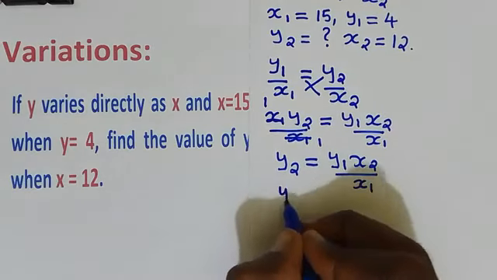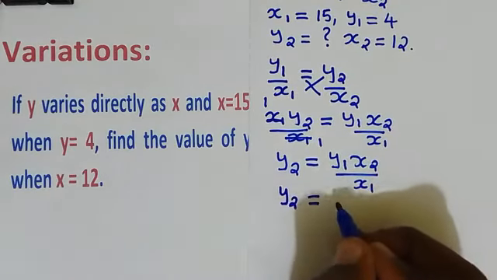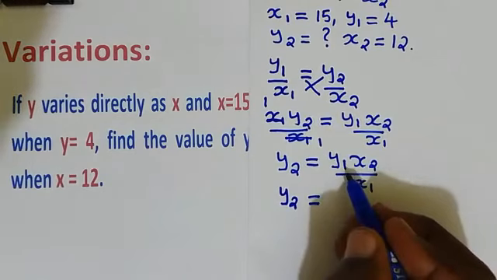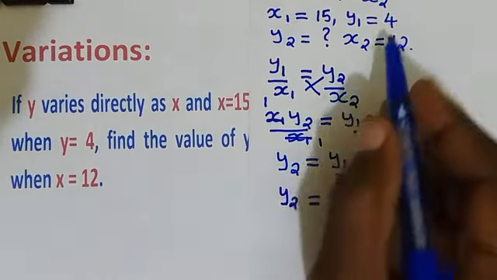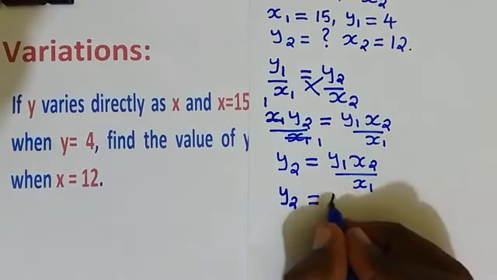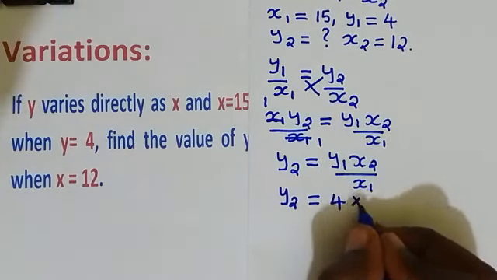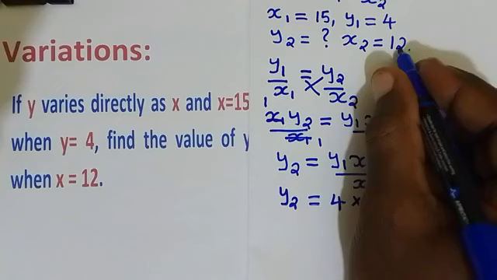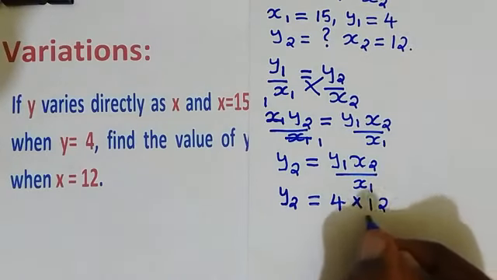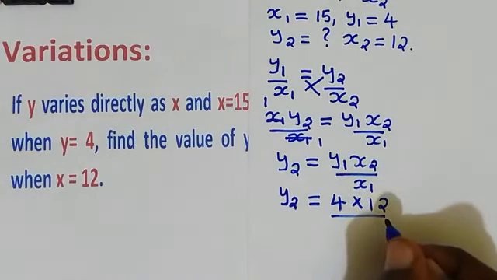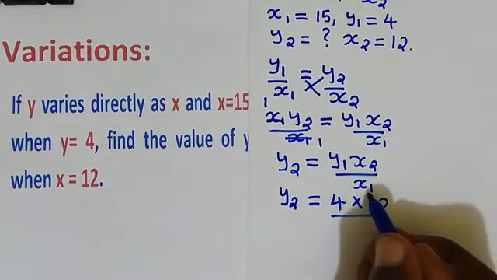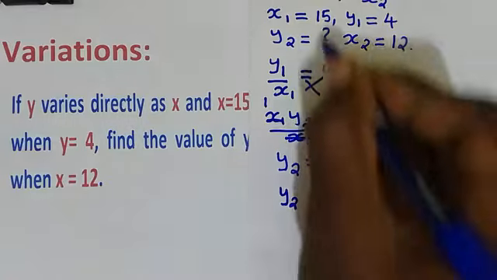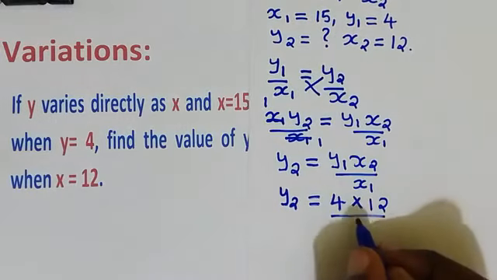So y2 is equal to, I'm going to substitute the value of y1, which is equal to 4, multiplied by x2, which is equal to 12, divided by x1, which is equal to 15.